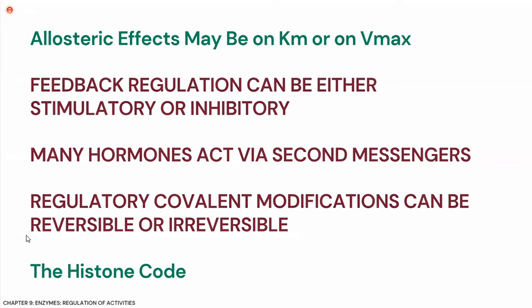So it acts by forming a second messenger, cyclic AMP. Cyclic AMP activates protein kinase, which adds a phosphate, and the phosphorylase becomes active. Active phosphorylase acts on glycogen, breaks it down to glucose. So you see, that is the use of a second messenger.